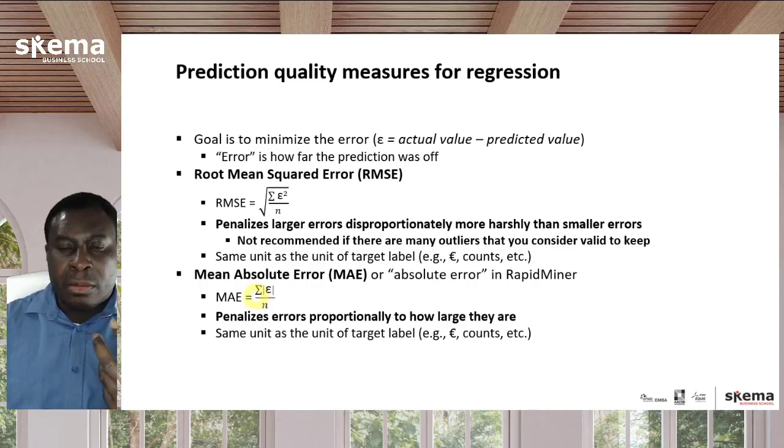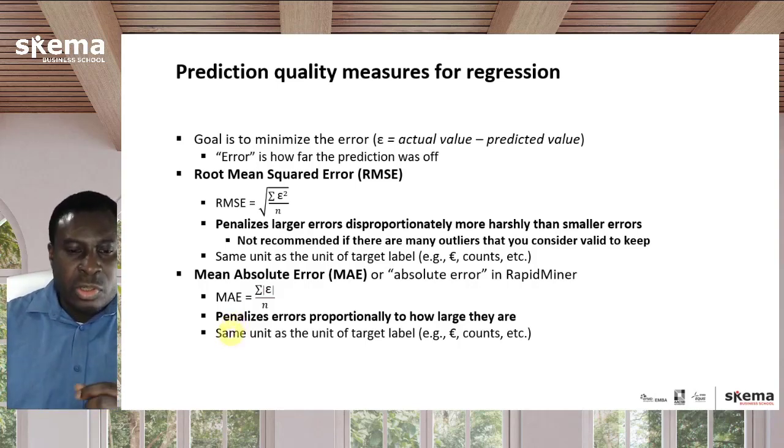The main difference from the RMSE is that it penalizes errors proportionally to how large they are. So being off by 15 is worse than being off by 3, but it's only 5 times worse. It's not going to be exponentially worse as the RMSE would have penalized it.